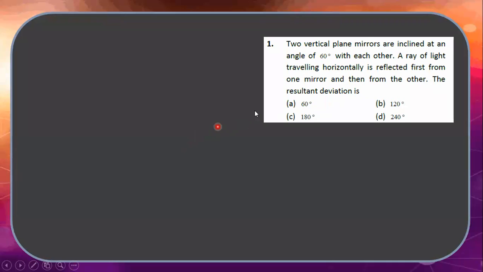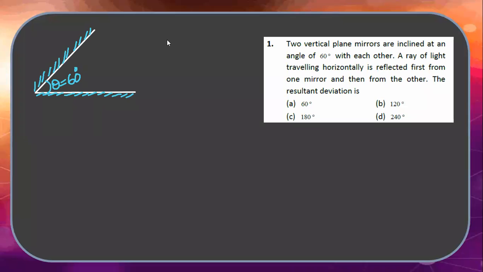The resultant deviation is asked. So theta is equal to 60 degrees.